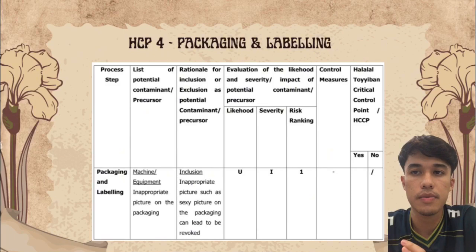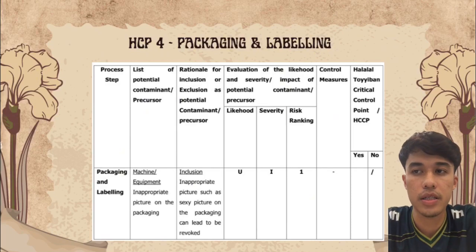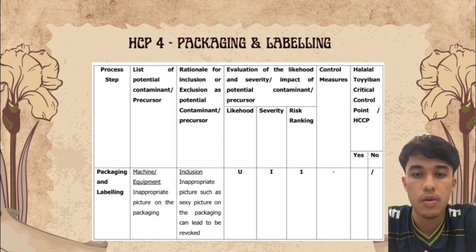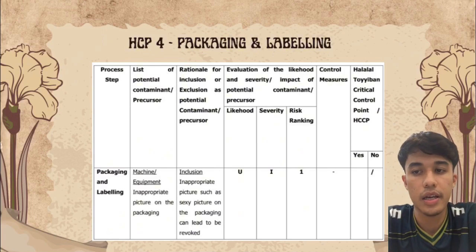For the next CCP, which comes from the packaging and labeling process, the potential precursor that may cause cross-contamination comes from machine and equipment. For the inclusion, inappropriate features such as sexy pictures on the packaging can lead to the certification being revoked, or an inappropriate design of packaging, such as an odd shape for the bottle of the products.